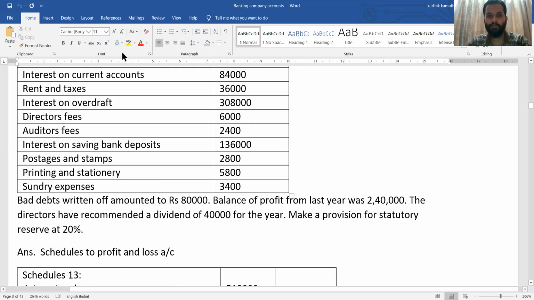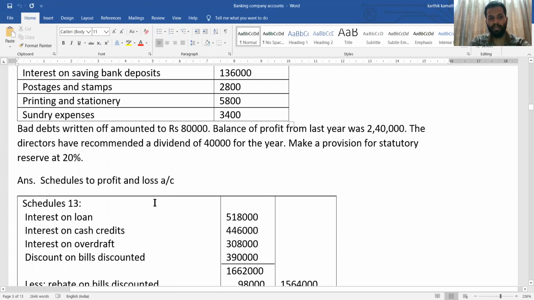So the first thing you need to do here is the schedules to the profit and loss account, that is the working notes you need to do first. Schedule number 13 is the first, since it starts from schedule number 13 because it's the profit and loss account. So interest on loan, interest on cash credit, interest on overdraft, and discount on bills discounted.